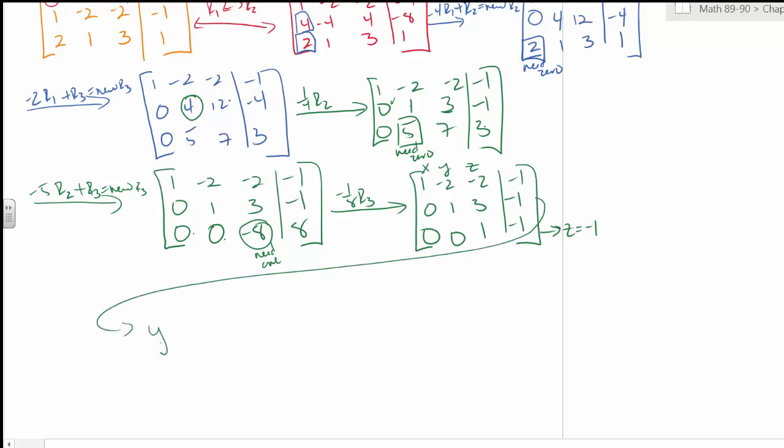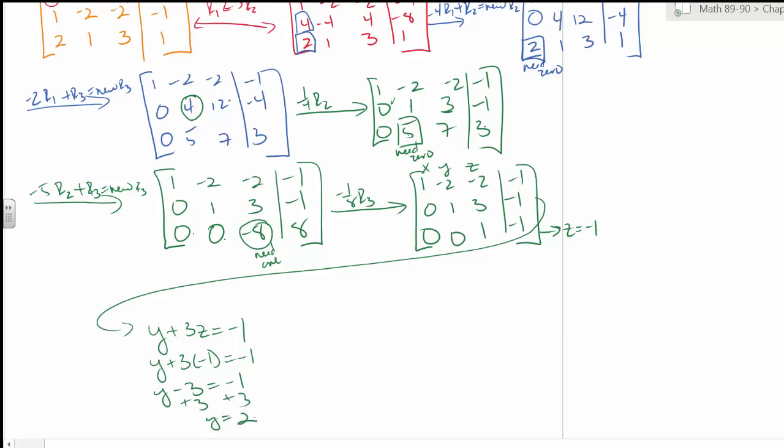And basically he says y plus 3z is equal to negative 1. But we know z is equal to negative 1. So since z is equal to negative 1, we can substitute in negative 1 for z, which gives me y minus 3 equals negative 1. Add 3 to both sides, and I get y equals 2.